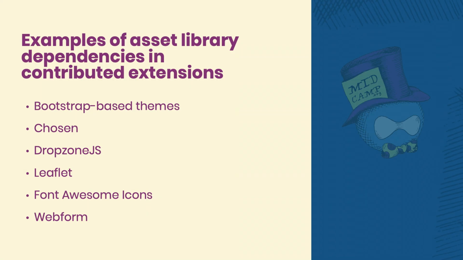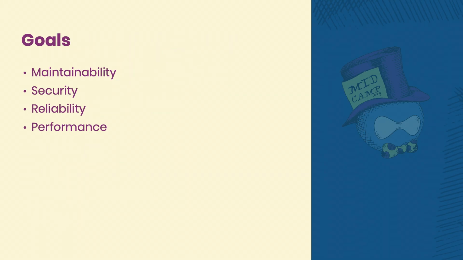Chosen requires the chosen.js library, etc. Webform can require a ton of asset libraries, depending on what you're using. Working with these sorts of dependencies has been a challenge in Drupal for a long time, even going back to Drupal 7, just because there is no standard way of getting these libraries into your code base.